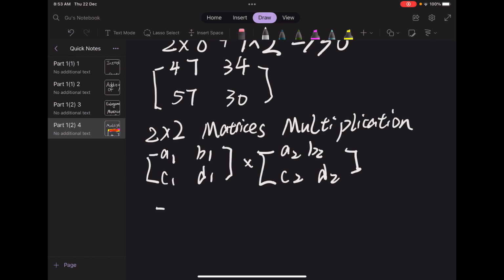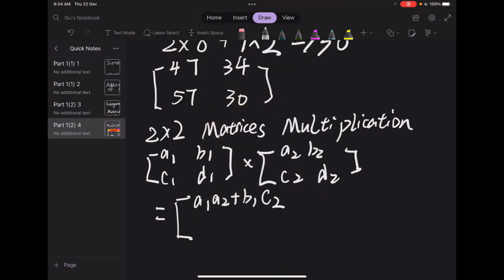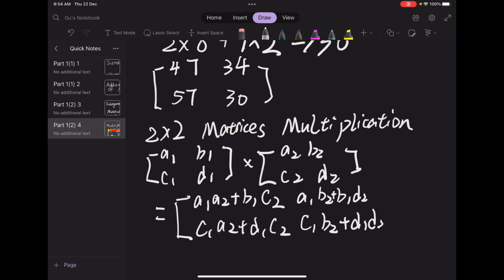They will give us the result of A1, A2 plus B1, C2, and then A1, B2 plus B1, D2, and C1, A2 plus D1, C2, and then C1, B2 plus D1, D2.